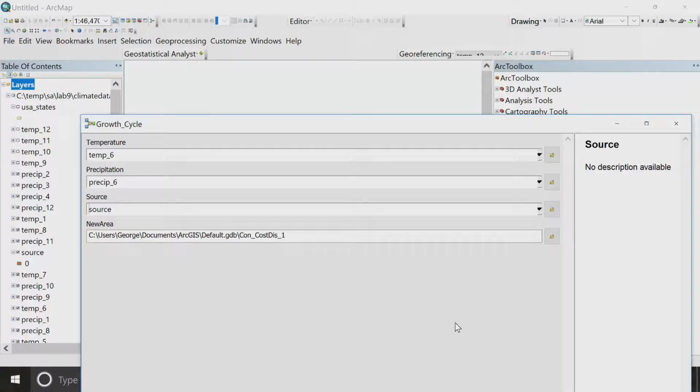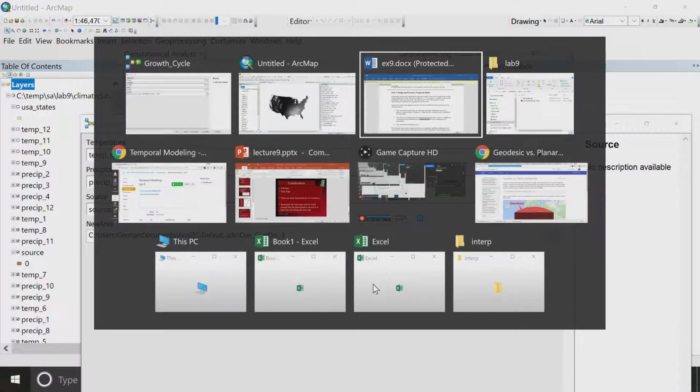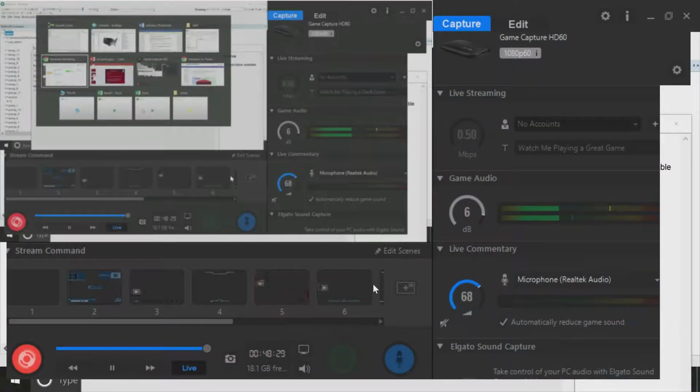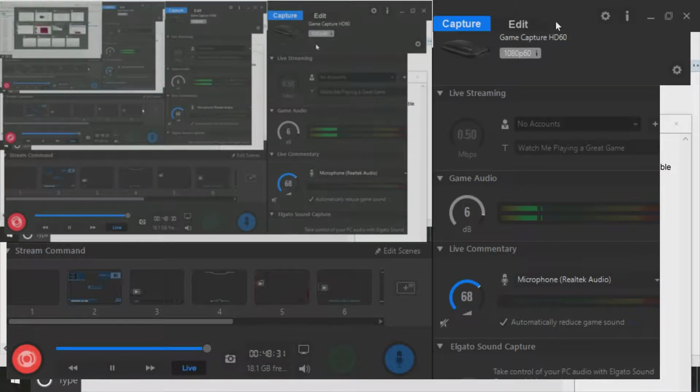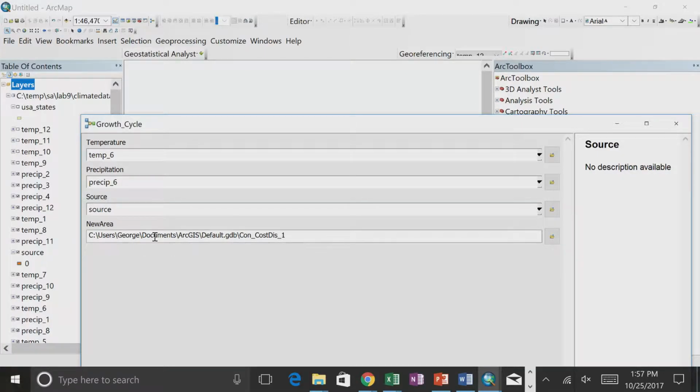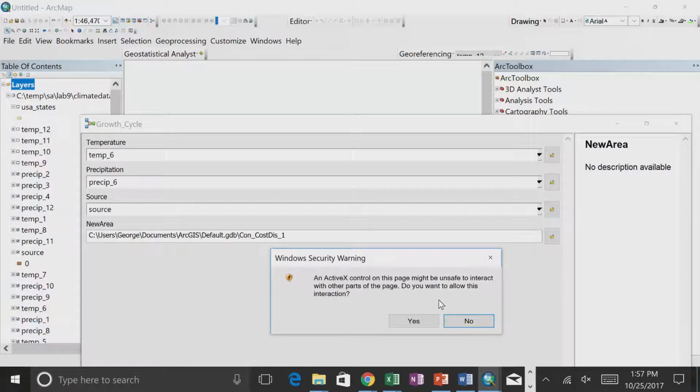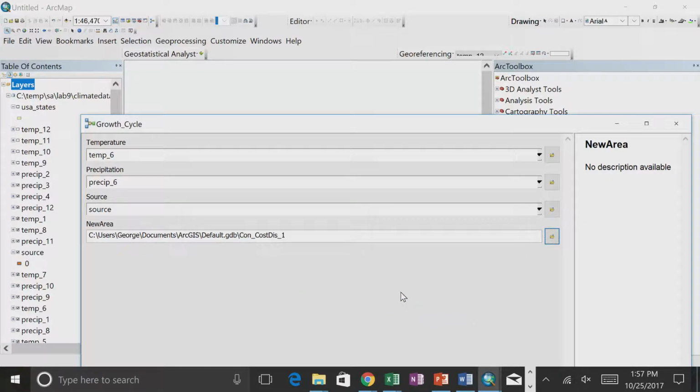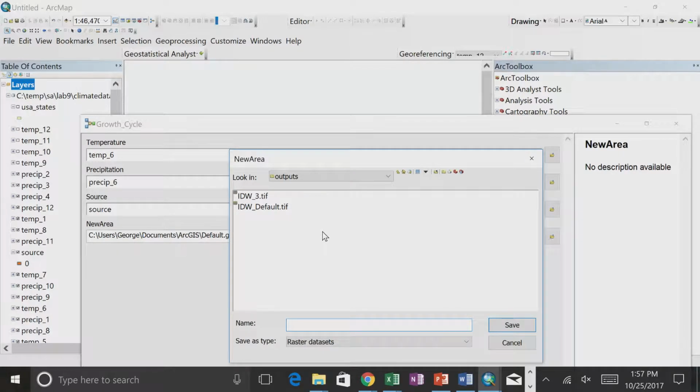All right. Making sure I got enough space here. Okay. Then the new area is basically going to be the source after June. So I'm going to call that output.